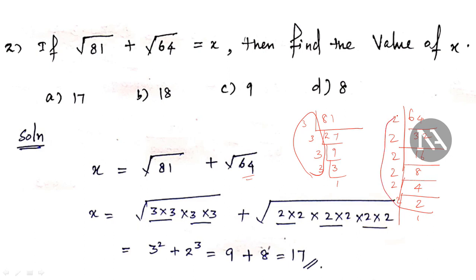So you have 6 2s. Now you have to pair the digits.